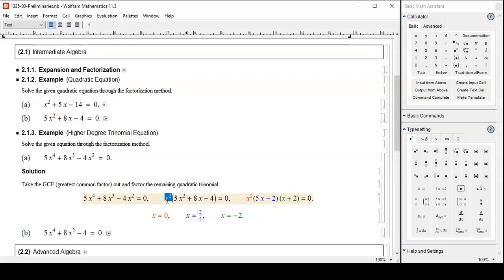So either x squared is equal to 0, or solving this using the same thing we did before, we get 5x minus 2 times x plus 2 equal to 0. So we have three factors, so we have three solutions. X equal to 0, which comes from this common factor, GCF, and the other two come from something we did before.